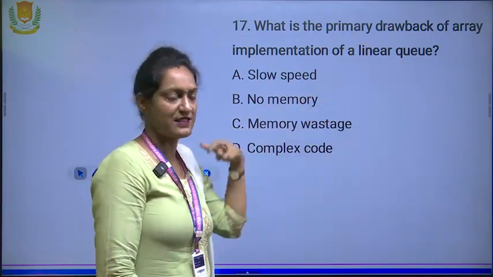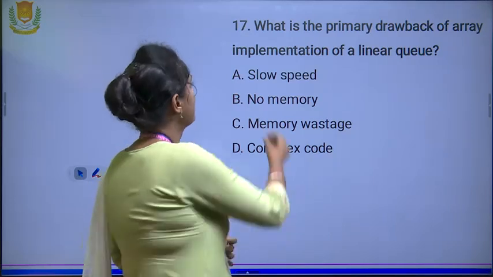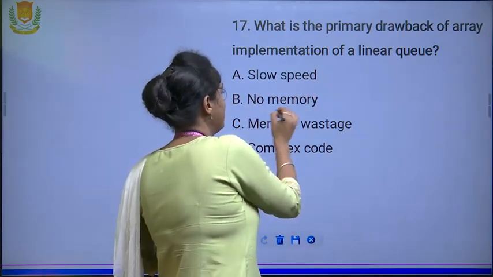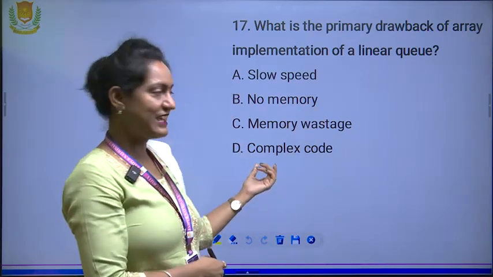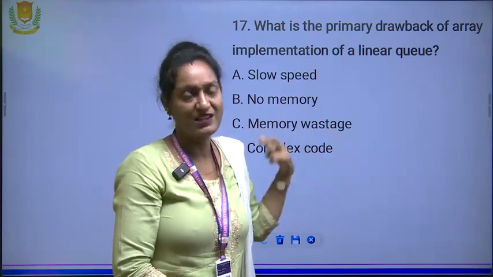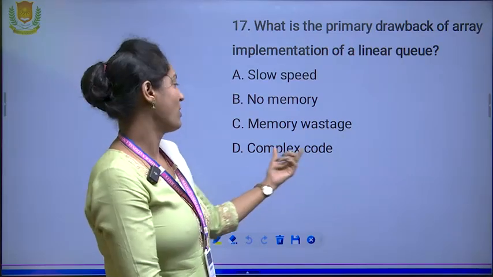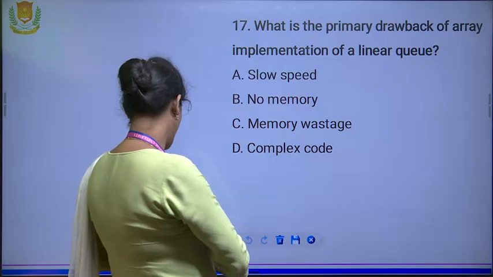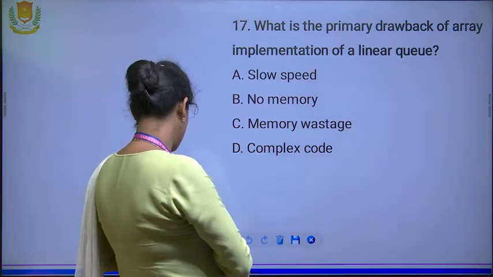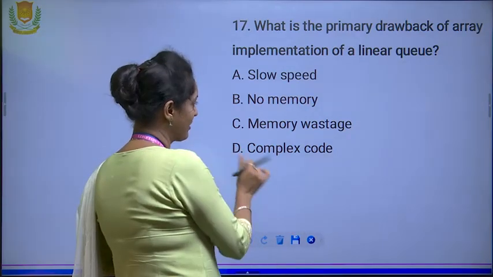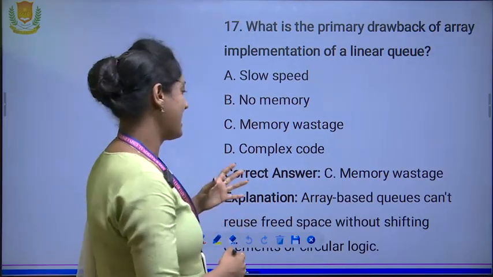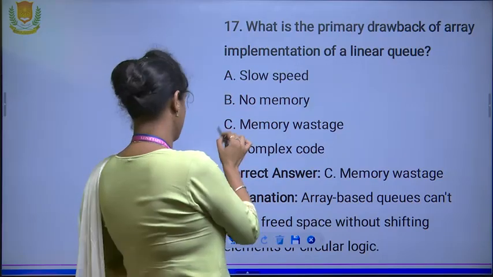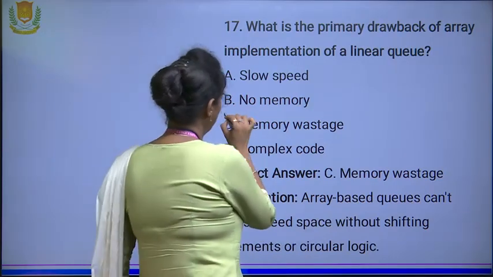The options are A, slow speed, B, no memory, C, memory wastage, and the last option is complex code, right? We have these 4 options, and I hope you already know the answer. So give me the answer quickly, students. And the correct answer is memory wastage.